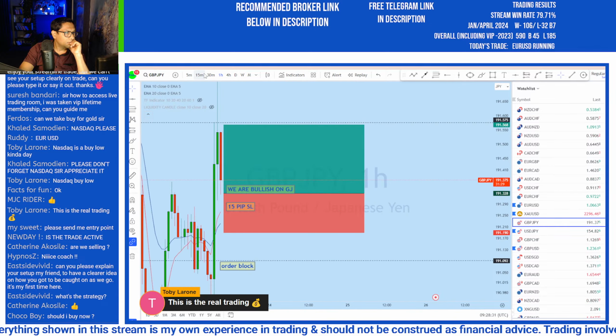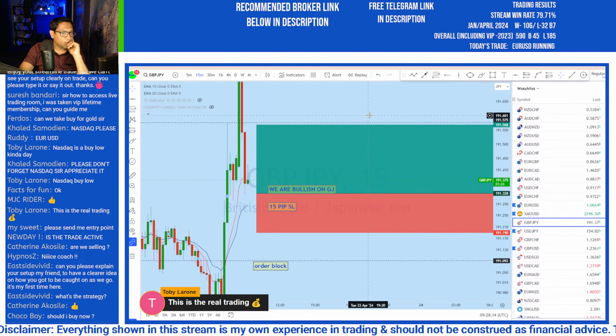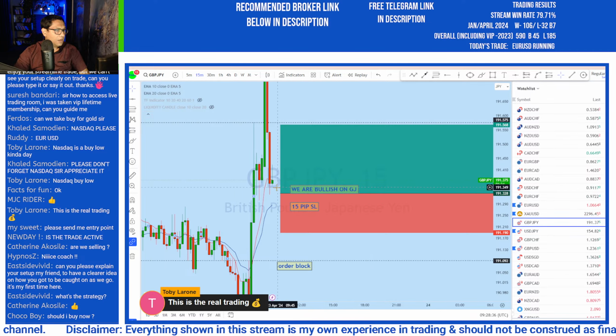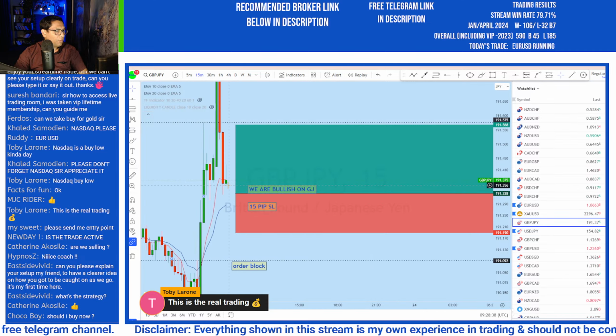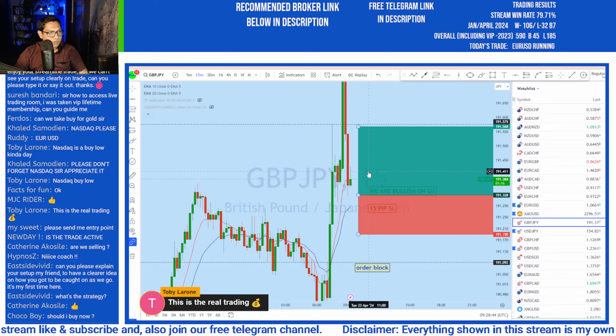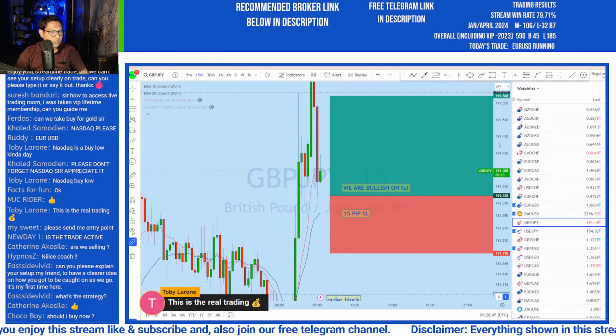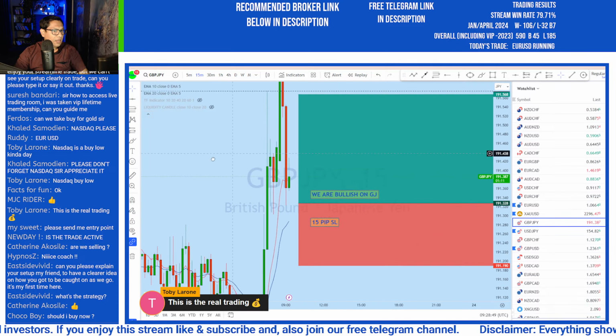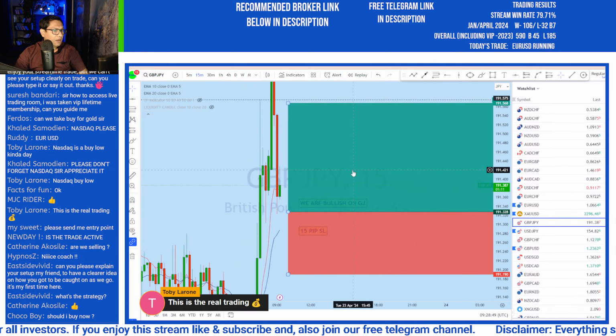Yeah, so you see that there is a bit of... I'm expecting GJ from here to have a potential bounce to the upside. We see a bit of weaker response from the buyers, but I think in the last moment we see some kind of improvement, and here I'm expecting GJ at least to go up to retest that resistance that we have taken. We set our TP in that area.